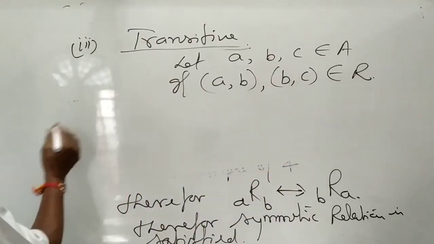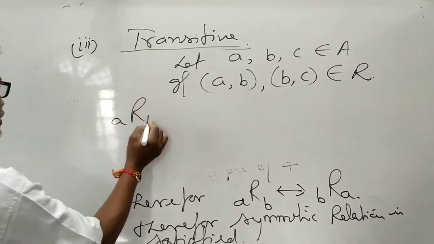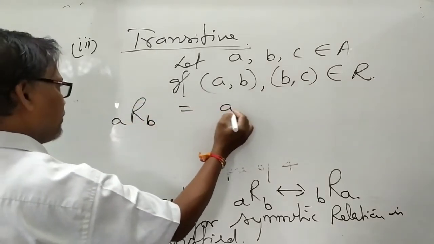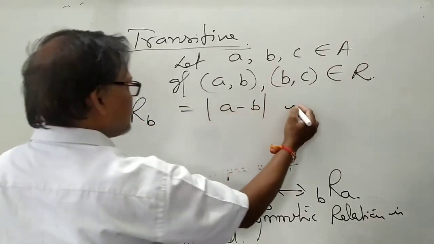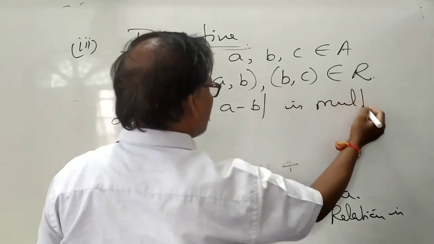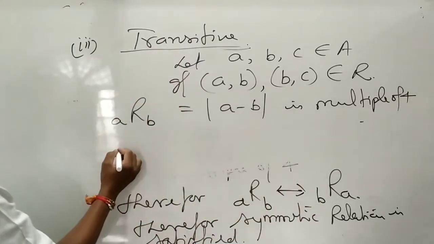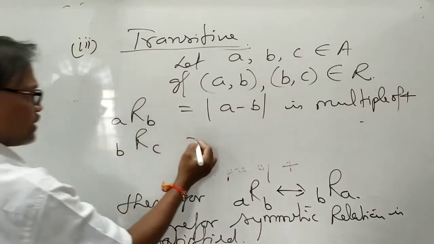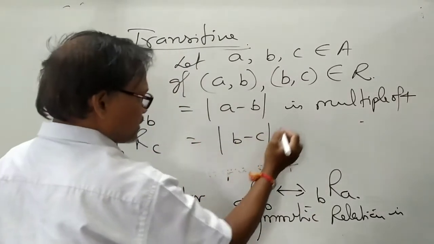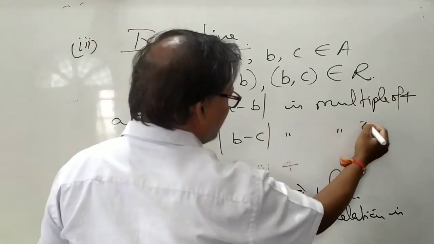First you have to show A related B means A minus B is a multiple of 4. B R C is also given, is a multiple of 4.